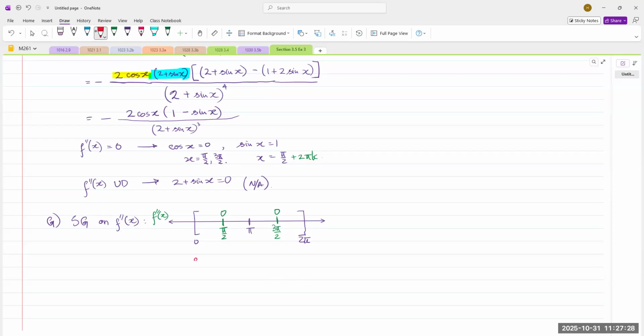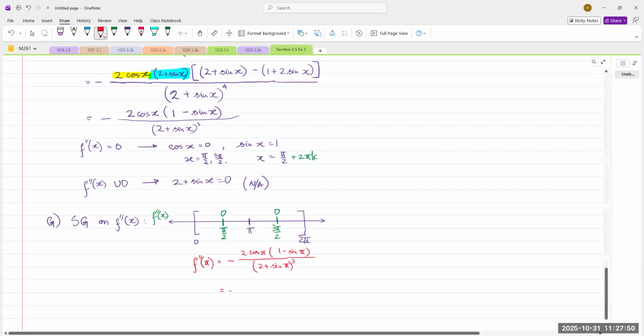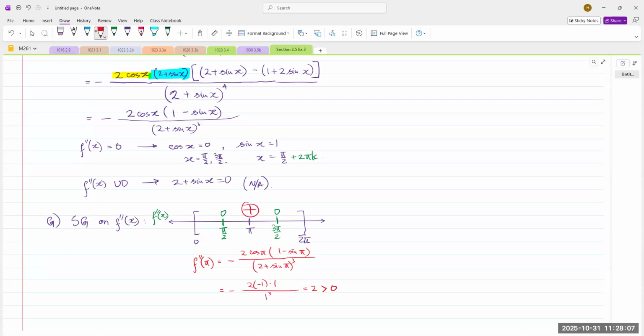So let's say I use pi. So f double prime of pi equals negative 2 cosine pi times (1 minus sine pi) over (2 plus sine pi) cubed. This is negative, cosine pi is negative 1, sine pi is 0. This is 1 cubed. So this is positive 2, which means this is positive here.